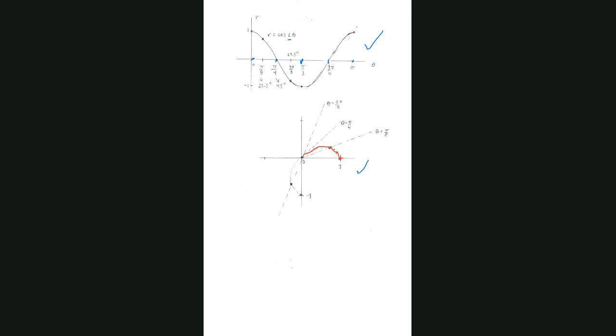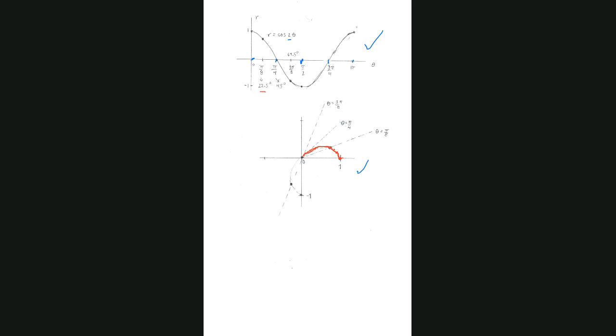So for every point, the radius decreases. That causes the graph to get drawn into the origin. And when theta equals pi over 8, which is 22.5 degrees, the radius is square root of 2 over 2.